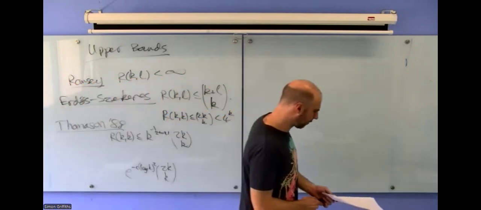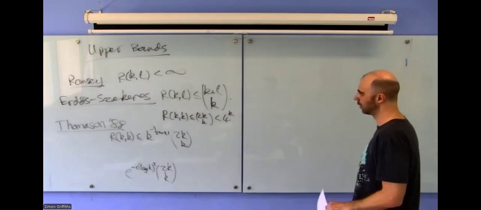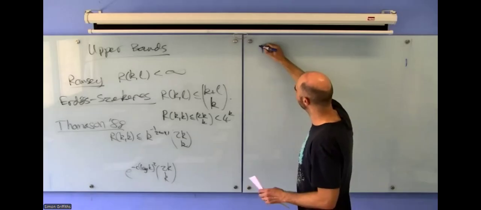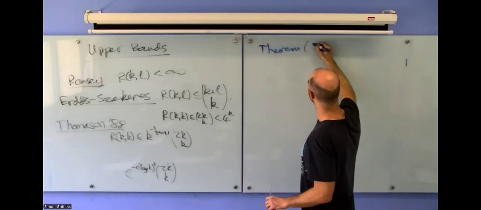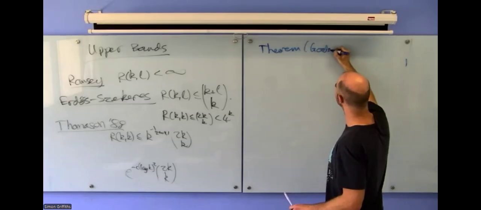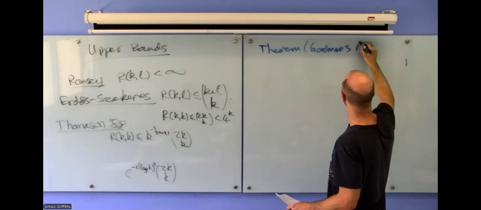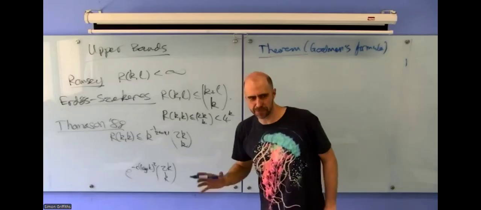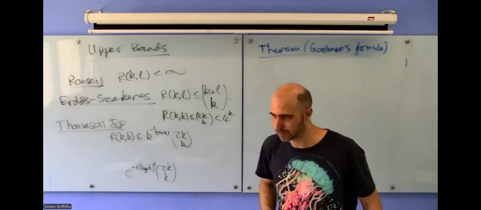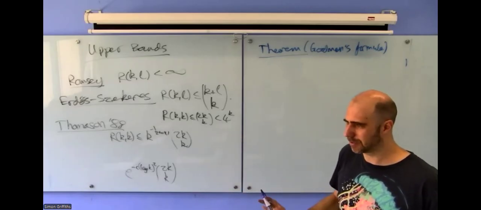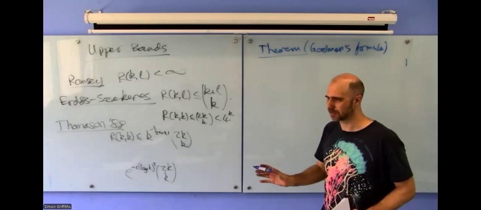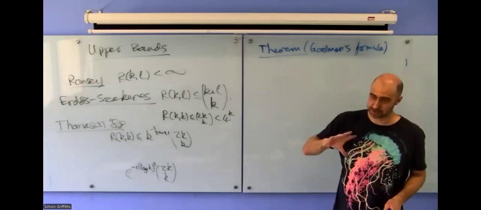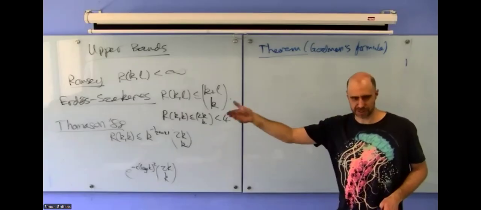Good. So let's mention a formula which Thomason's method uses, which is the Goodman formula. Maybe you've already heard of it. It basically says if you colour a complete graph with two colours, and you're interested in the number of monochromatic triangles, then you can determine that exactly just from the degrees. You can state it in terms of degrees in a graph and the number of triangles in the graph or its complement, but I'll state it in terms of a two colouring.